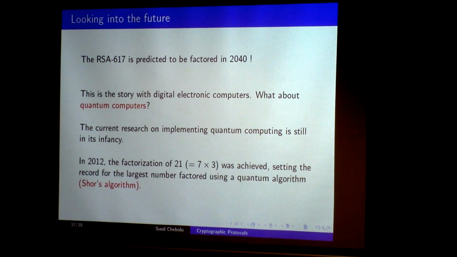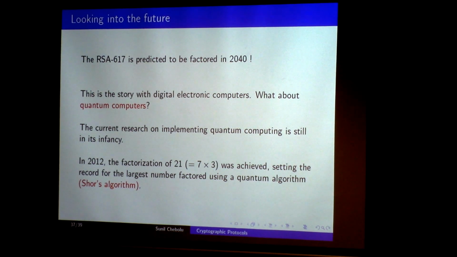In 2012, the best they could accomplish was the factorization of 21 using Shor's algorithm, a quantum computing algorithm, as 7 times 3. So that's the current state of the art with quantum computing. We have a long way to go, but it's kind of interesting. The theory is there, but the implementation issues have to be overcome. It's really a problem in engineering more than fundamental science at this point.